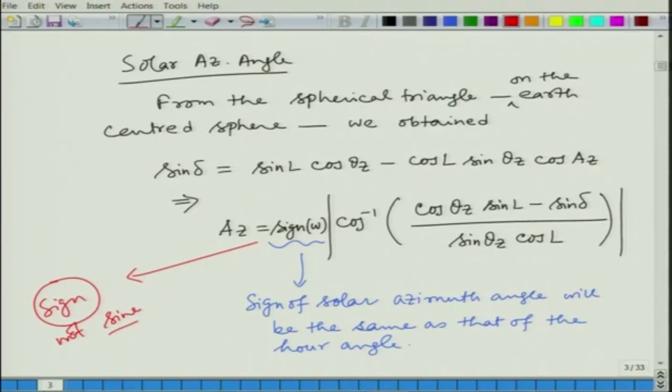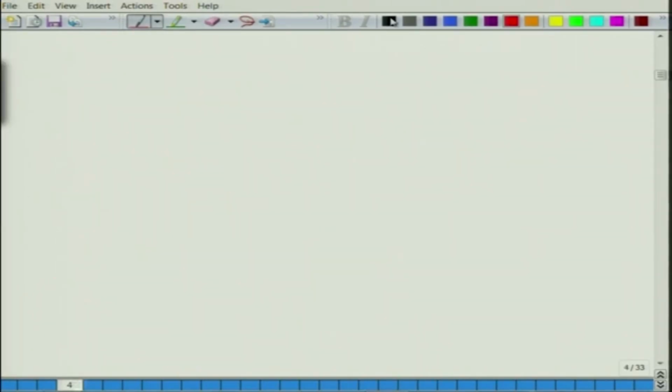Now, one thing I want to mention here is that this hour angle and I should say solar azimuth angle, they actually measure the same thing, right. It measures where the sun is radiating normally and with respect to the location or solar noon.